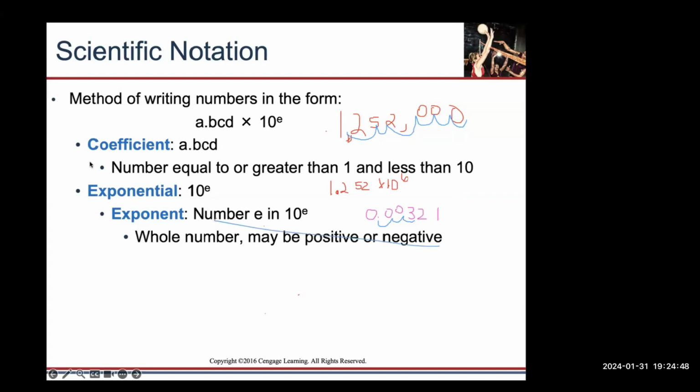So it's going to be 3.21 times 10. And since in this case the number is a small number, and we're moving this direction, that's 1, 2, 3. So it'll be 10 to the minus 3.